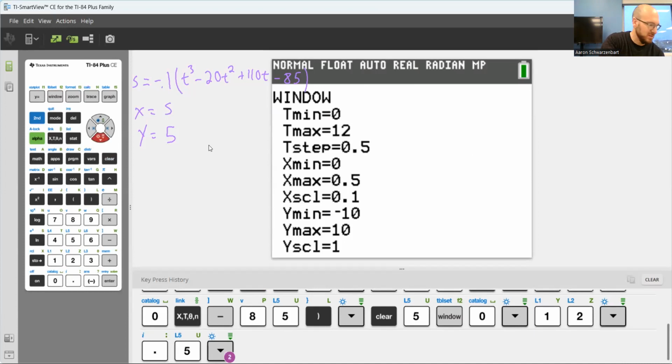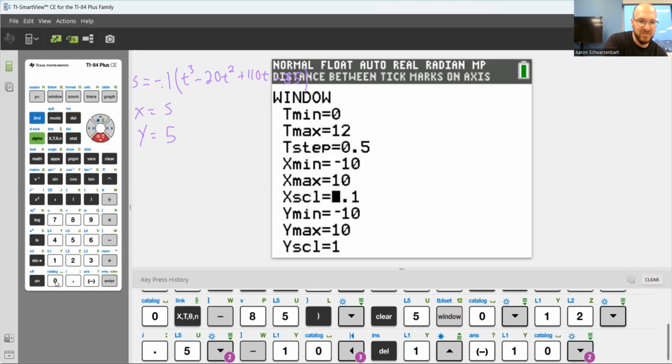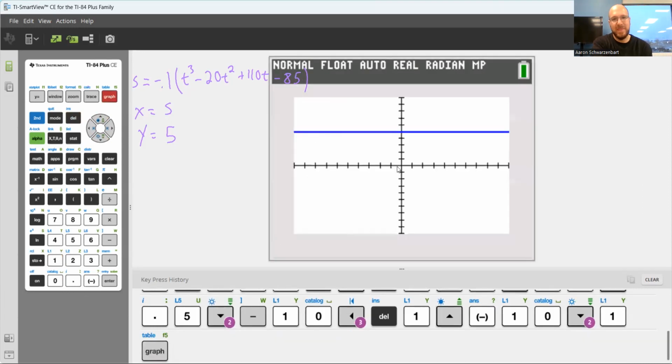X max, I think I need negative 10 to 10. That's got to be positive. This is negative 10. X scale 1. And now let's try graphing.